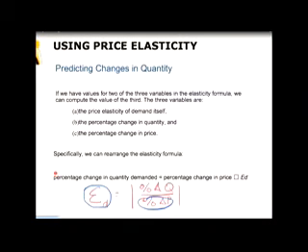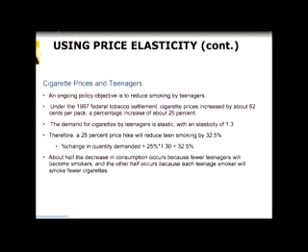So the percentage change in quantity demanded is equal to the percentage change in price times the elasticity of demand. Now let's see how we might use this formula. Once we know the percentage change in price and the elasticity of demand, we can calculate some very interesting outcomes.